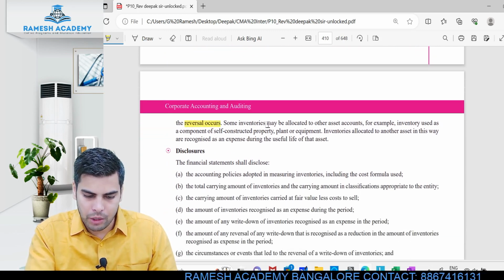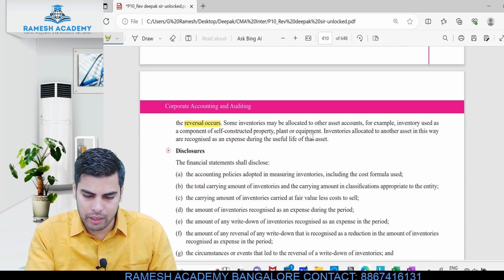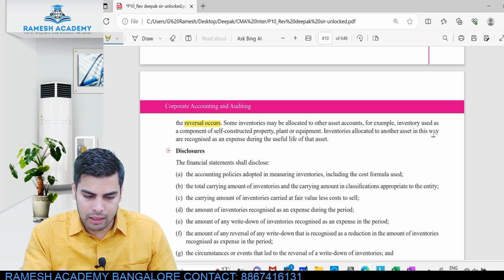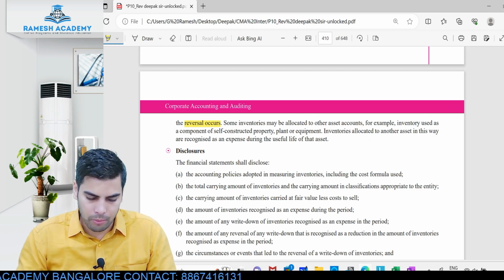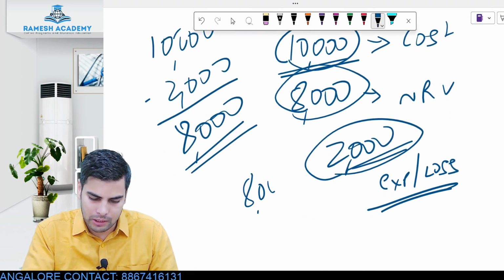So some inventories may be allocated to other asset accounts. For example, inventory used as a component of self-constructed property, plant or equipment. Inventory allocated to another asset. See, sometimes what will happen is we have already reduced this particular amount. Subsequent year, the value of the inventory is 8,000.